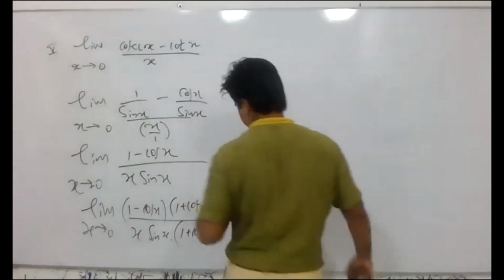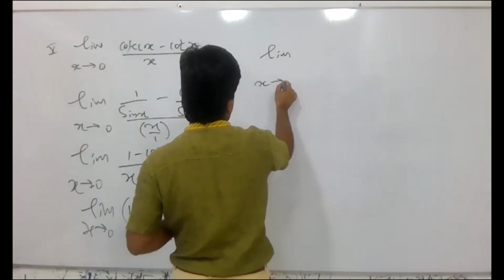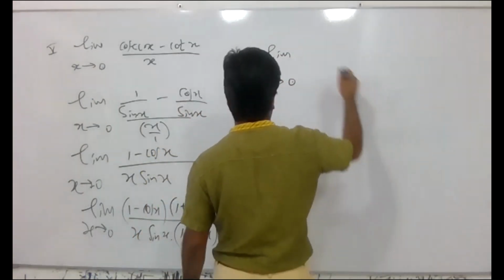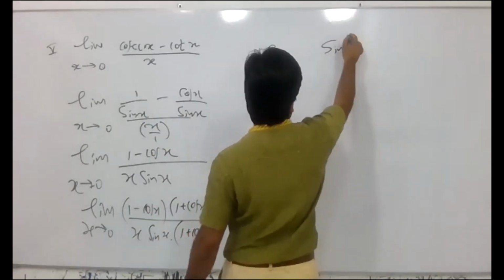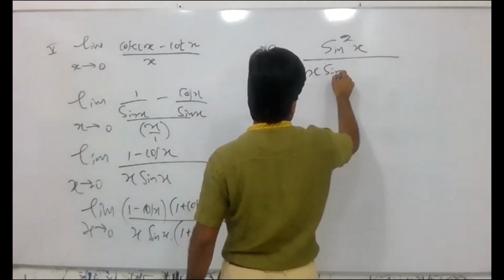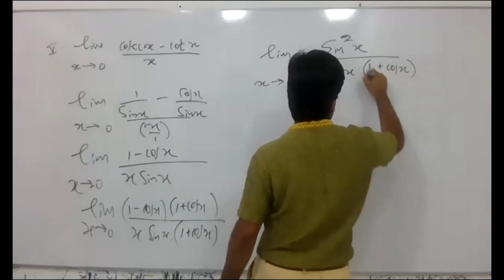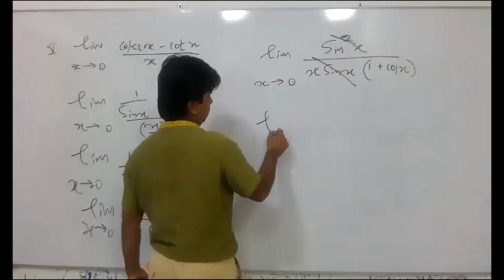Then you can write limit x goes to 0, right? Then 1 minus cos x times 1 plus cos x means 1 minus cos squared x, right? That means sin squared x divided by x sin x times 1 plus cos x, right? Then what happened? One sin x cancels, right?